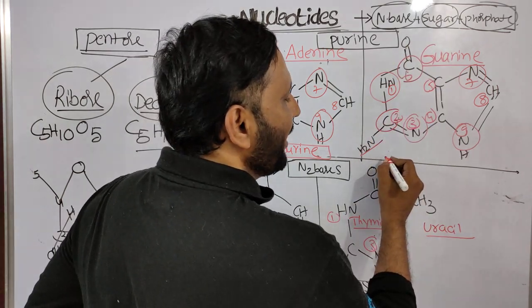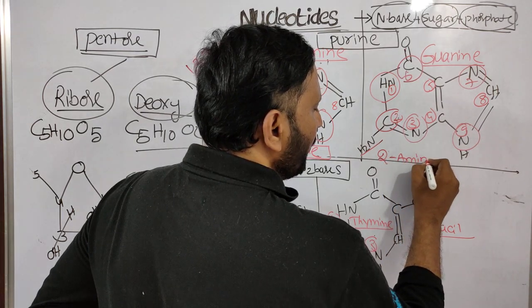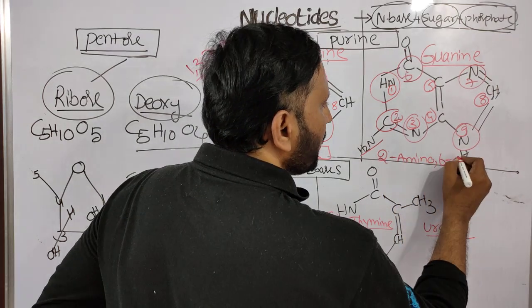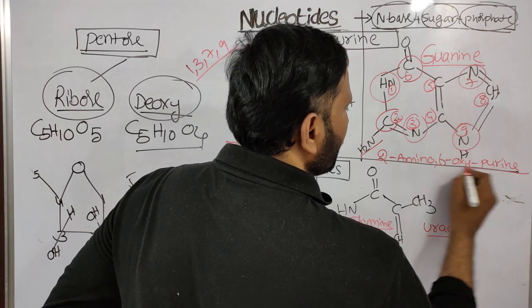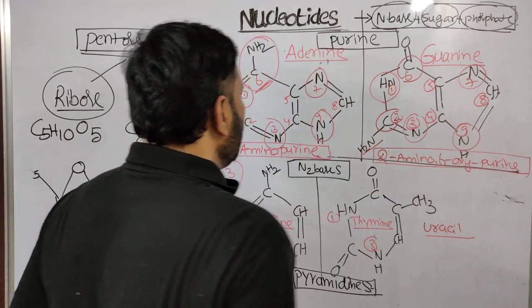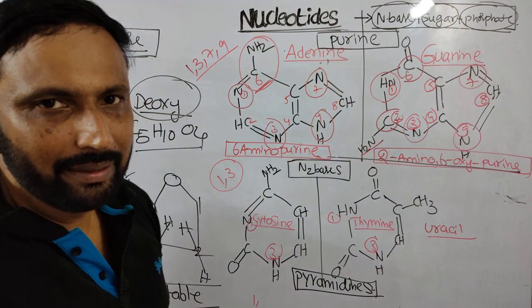So you can write guanine as 2-amino, 6-oxypurine. Adenine is 6-aminopurine, and guanine is 2-amino, 6-oxypurine.